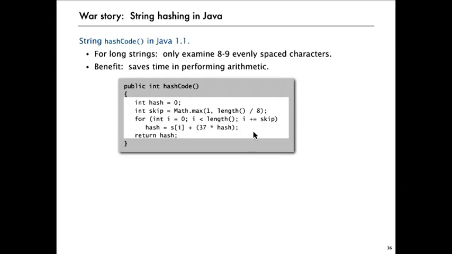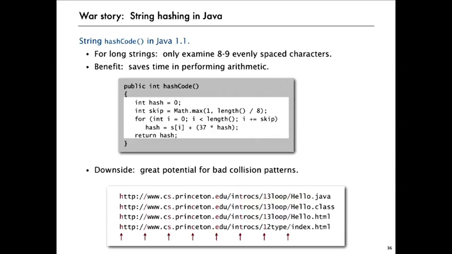And that's definitely one thing to consider when using hashing, that the cost of computing the hash function for a complicated key might exceed the cost of searching using a simpler structure like a binary search tree. And anyway, for Java 1.1, what happened was that there was a huge potential for really bad collision patterns on typical data.